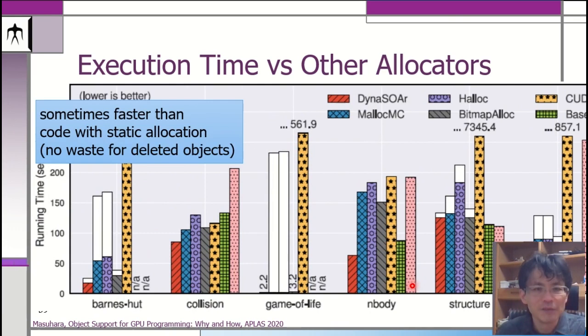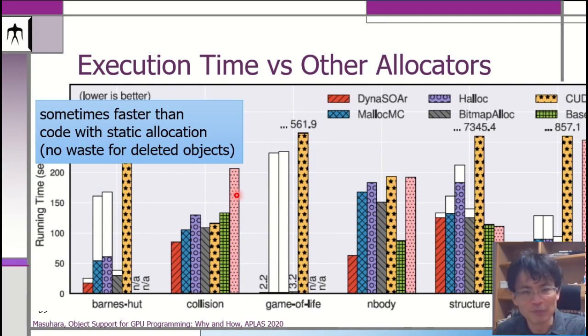And if we look into the other applications, in some of them Dinosaur is actually faster than the programs written without dynamic allocation. That means they allocate all the objects upfront of the execution.